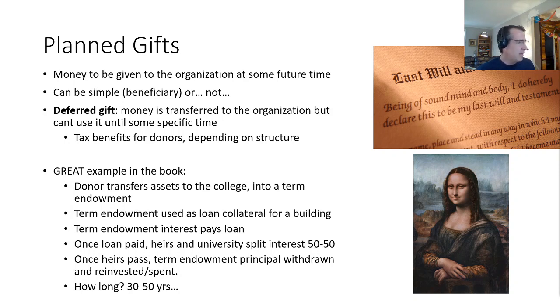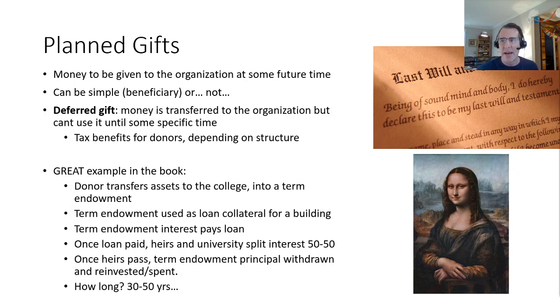He transfers these assets to the college as a deferred gift into a term endowment, from the previous slide, and that is used as loan collateral for a new building. So it's not touched. It's definitely a deferred gift.